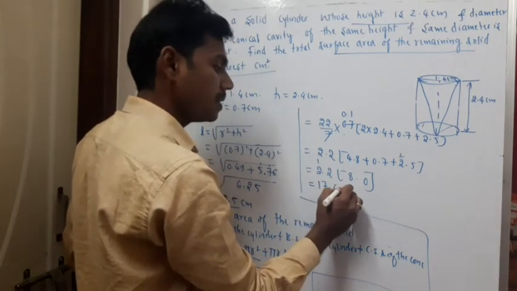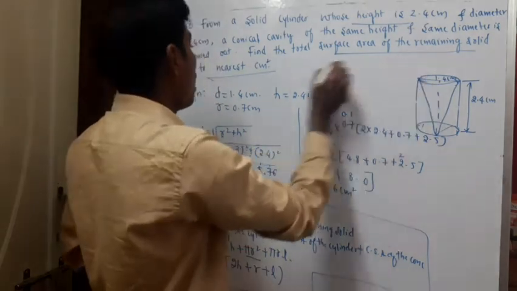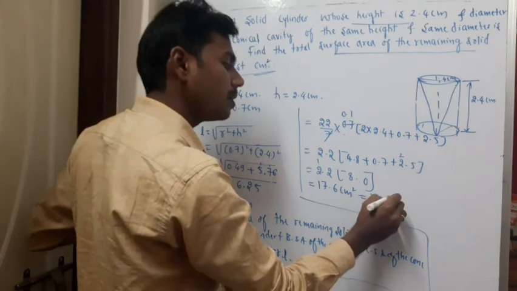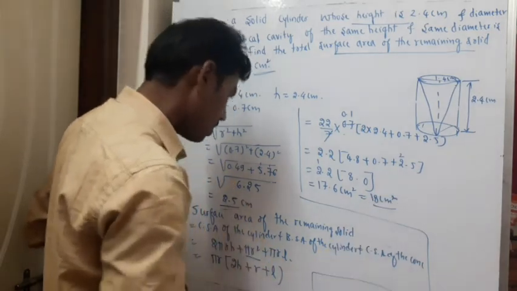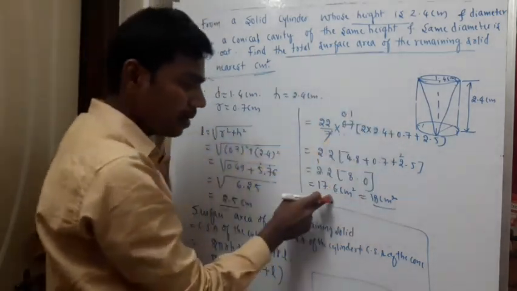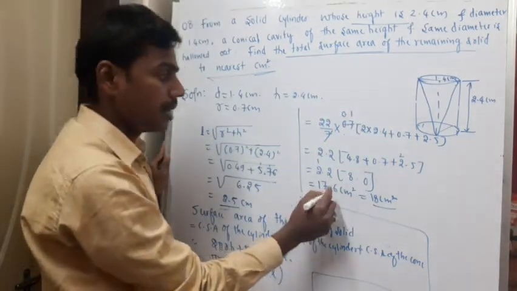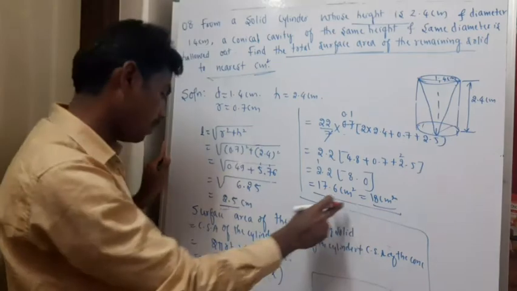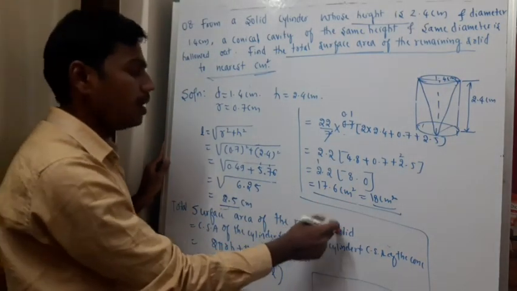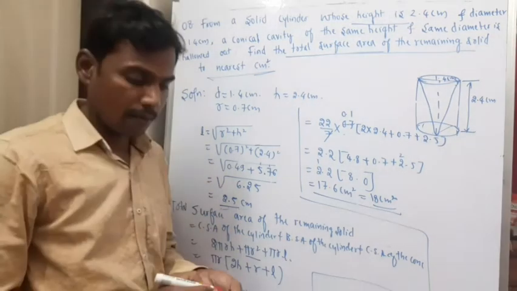That is 17.6 centimeter square. They said nearest centimeter square, that is 18 centimeter square. So the total surface area of the remaining solid is equal to 18 centimeter square.